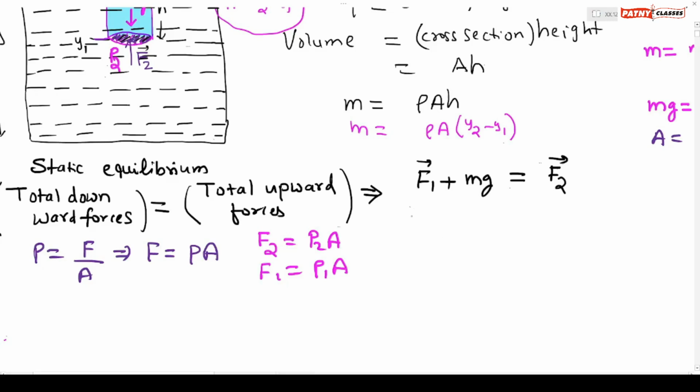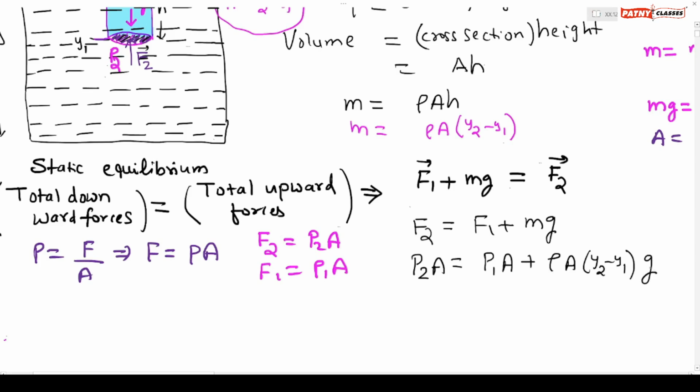Now considering only magnitudes and rewriting this expression, F2 equals F1 plus mg. Under static equilibrium, force F2 equals F1 plus mg, where F2 is nothing but P2 multiplied by A, and F1 is nothing but P1 multiplied by A, plus m which is nothing but rho A times y2 minus y1 multiplied by g.